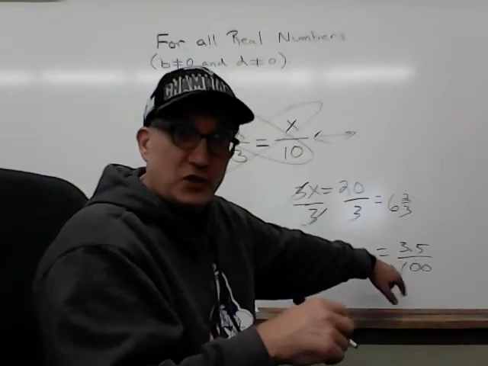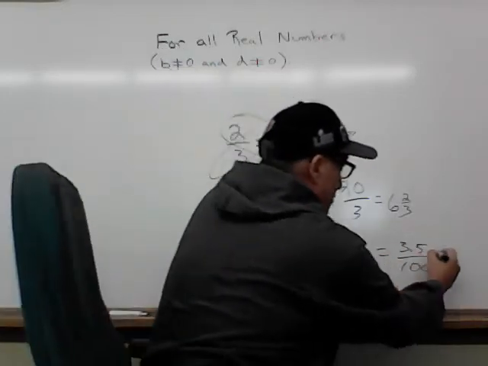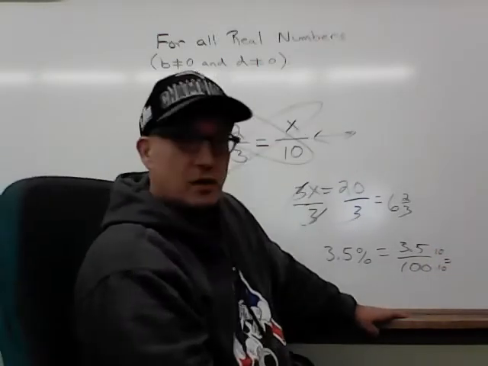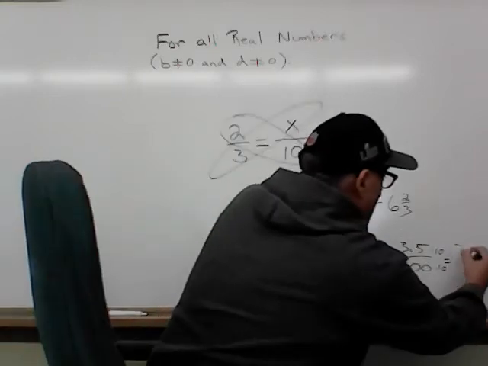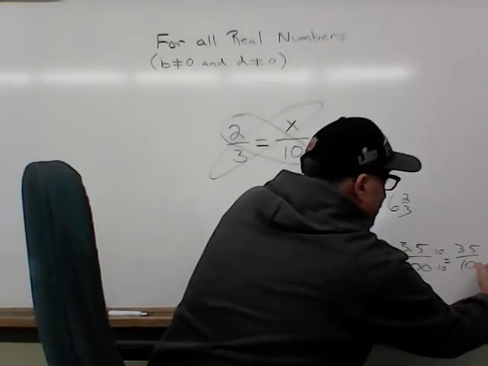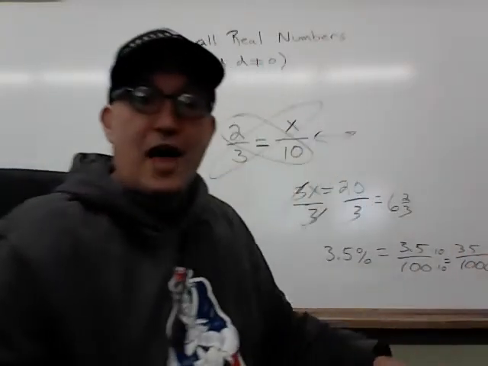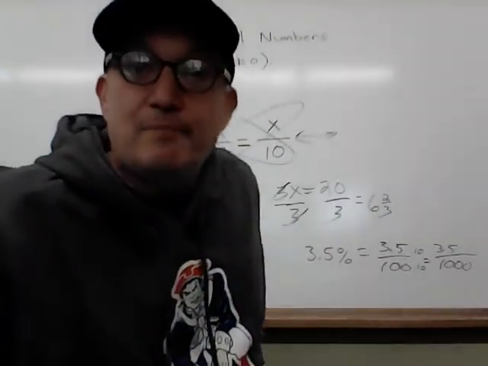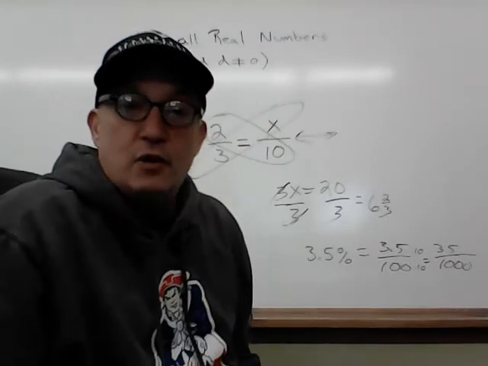We could convert this to a simple fraction by many ways, but one way might be to multiply the top and bottom by 10. Then we have 35 over 1,000. And again, notice that all-important notion of the equivalent fraction is there as well.